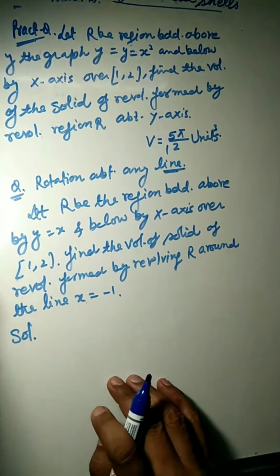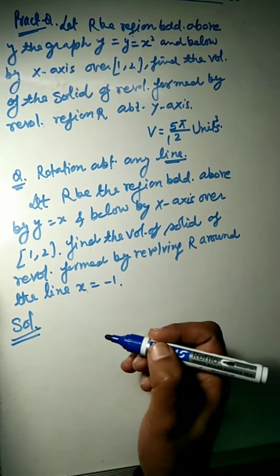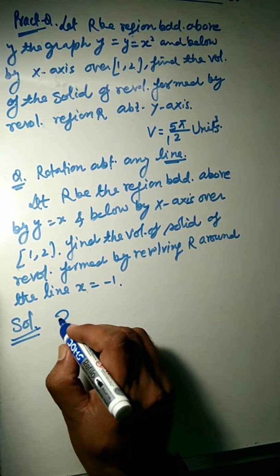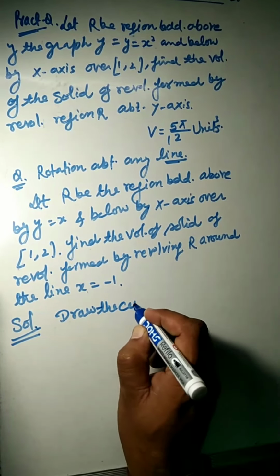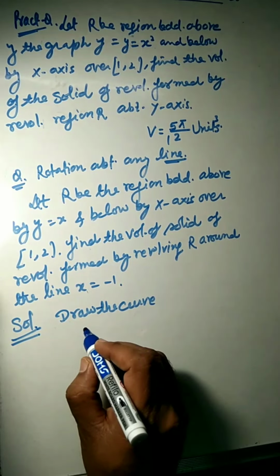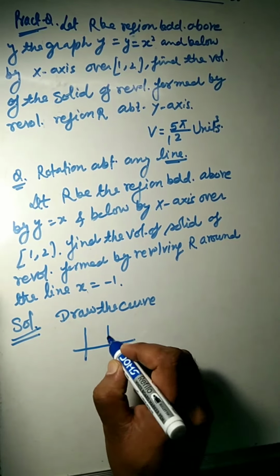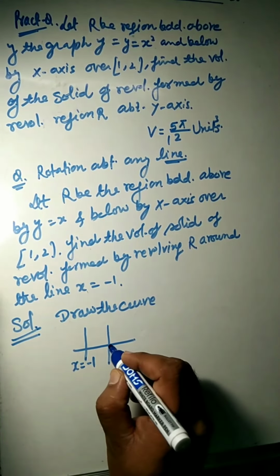We have here the solution step. So first step we know here, draw the curve. Curve looks like, let us say this is x equals -1.